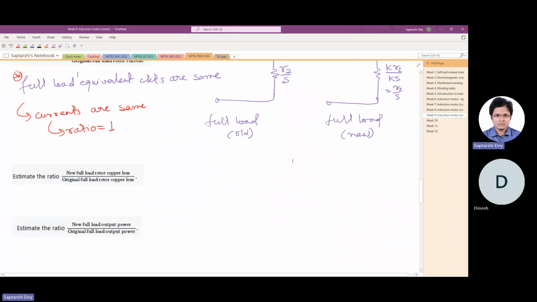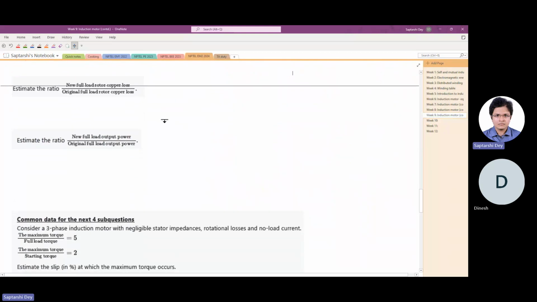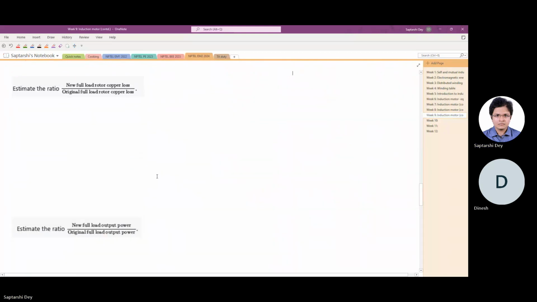Then we will go to the next sub-question. Estimate the ratio of the new full load rotor copper loss to the original full load rotor copper loss. Now the full load currents are the same.